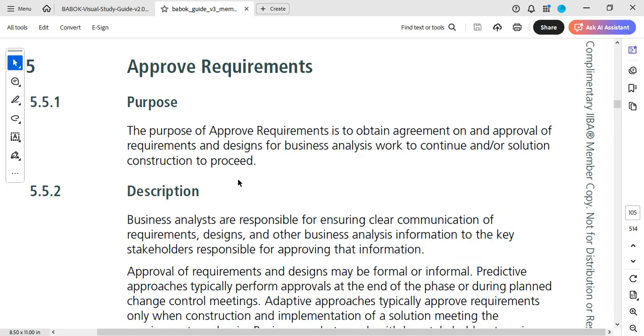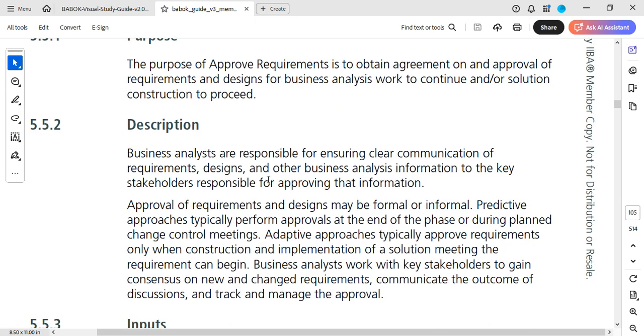Now, the purpose of approve requirements is to obtain agreement on an approval of requirements and designs for business analysis work to continue and/or solution construction to proceed. So at the end of the day, you've done due diligence and this time you want your requirements to be signed off. Okay.